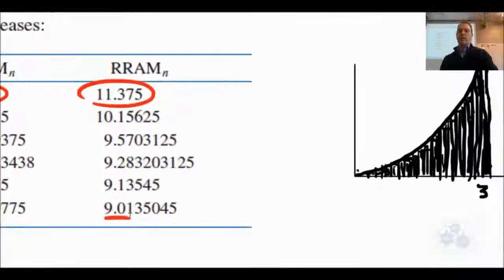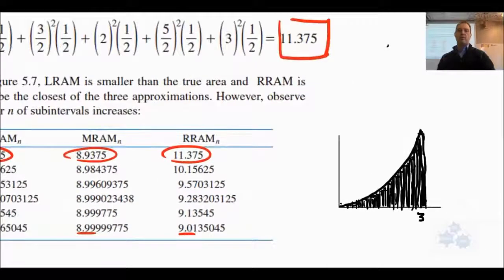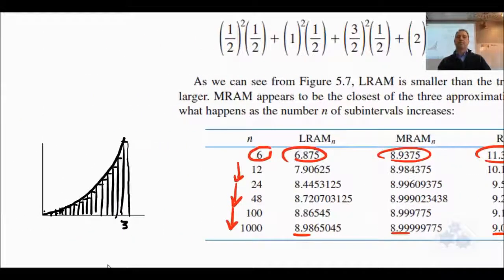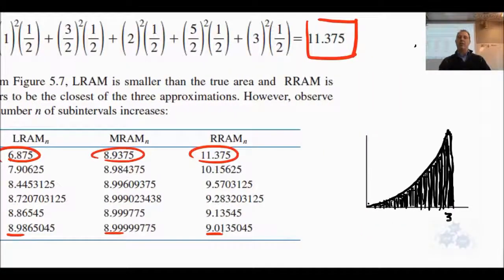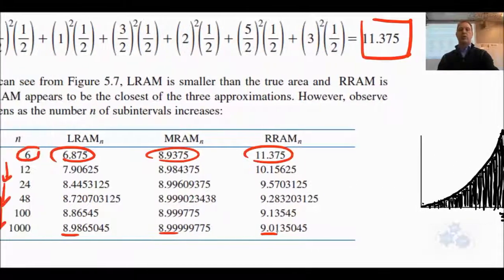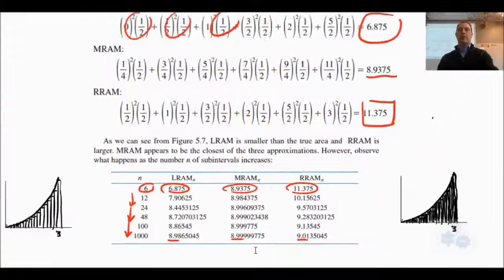The little bits that we're missing, if this was an LRAM, are super, super tiny, virtually nothing, versus above, or even with this one with 24. So as the number of rectangles gets more and more and more, the width gets smaller and smaller and smaller, and the area of all of those added up gets closer and closer to the actual area under the curve.